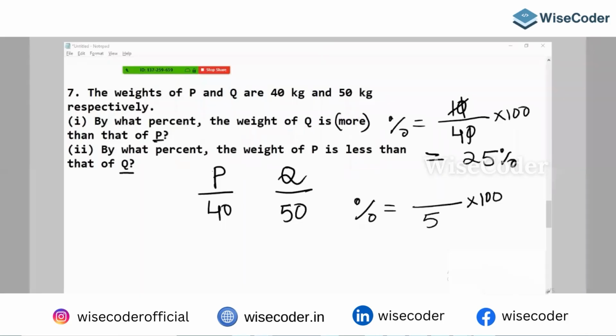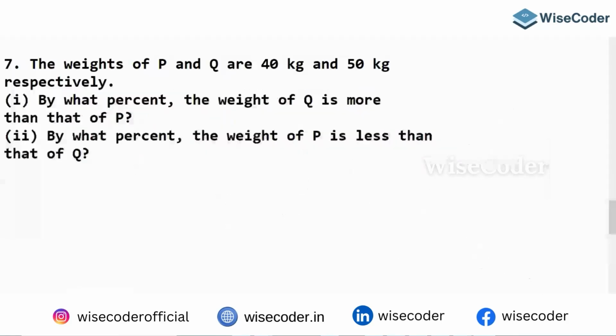The Q value is 50. Less means again the difference, which is 10. So the zeros get cancelled, 1 by 5. 1 by 5 is 20%. I hope everybody got these two answers.